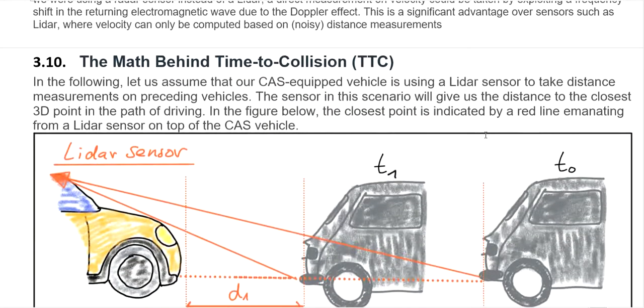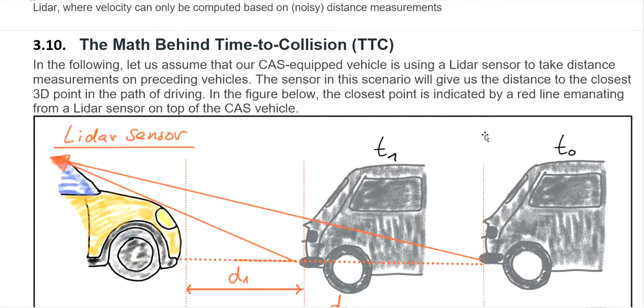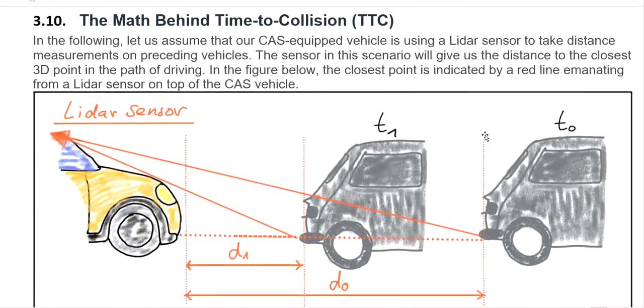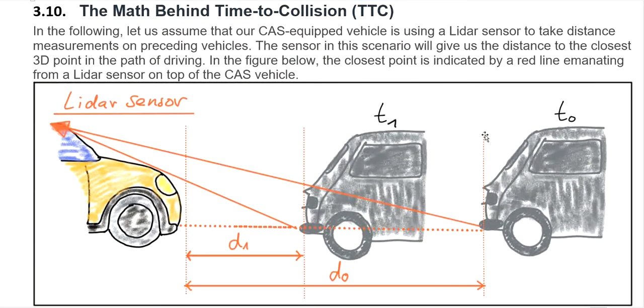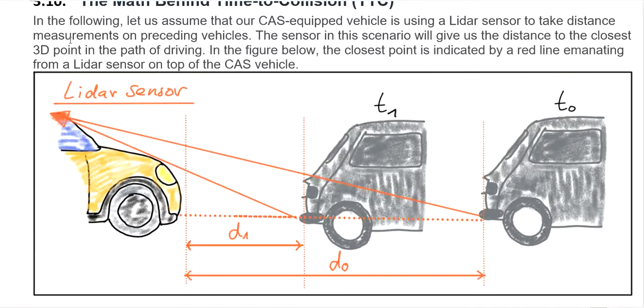So how about the math behind the time to collision? Following right here, we assume that our system-equipped vehicle uses Lidar. We use Lidar right here to take the distance measurement on the preceding vehicle.